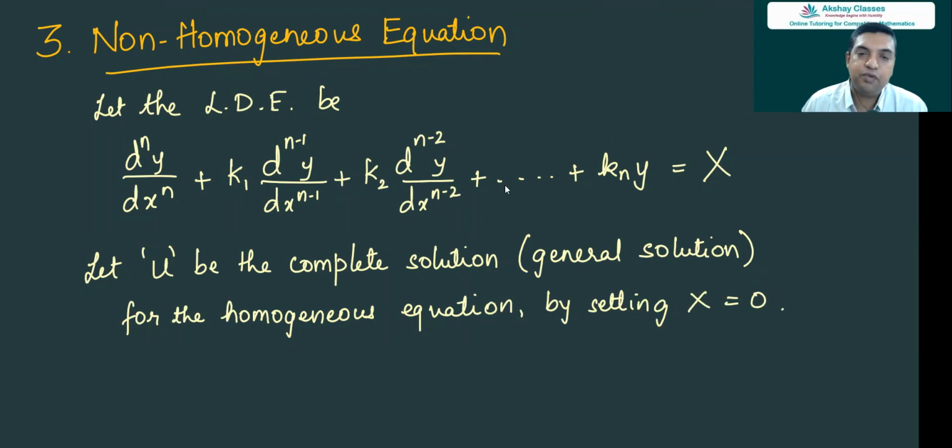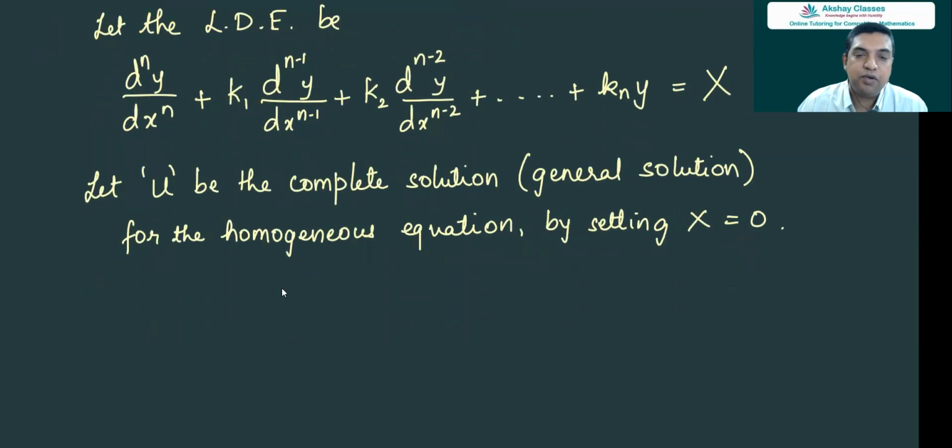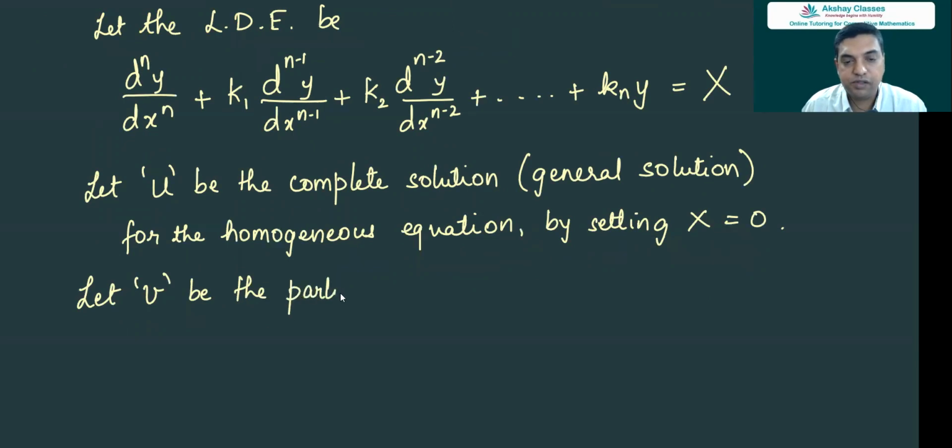So suppose you put x equal to 0, you will get a homogeneous complete solution, the general solution for the homogeneous equation. Let v be the particular solution of the above linear differential equation.